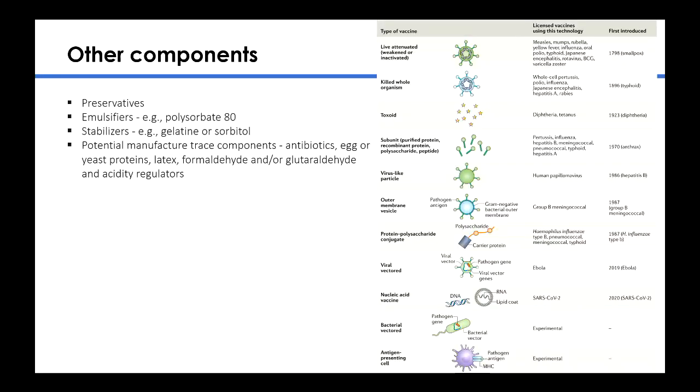Now this is my last slide, so bear in mind that in addition to the antigen and the adjuvant, there are many other components that might be present in a vaccine: preservatives, emulsifiers, stabilizers, and lots of trace components. For example, egg, depending on where the vaccine was prepared.